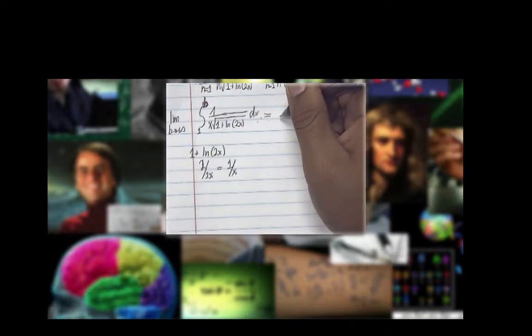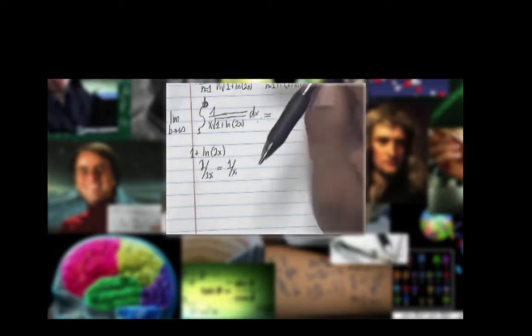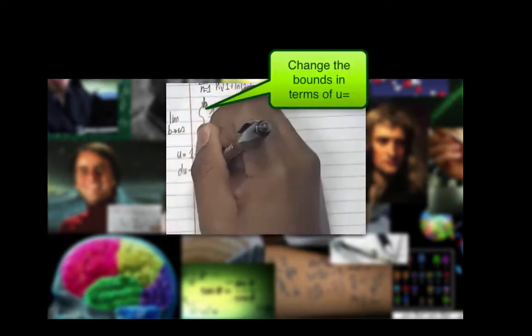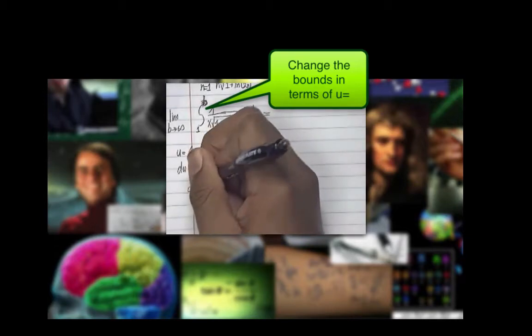Unless you want to do the indefinite integral, get the answer, and then plug in the bounds. Usually I say don't do that, but on an improper integral like that, I don't mind. It's up to you. I think I'll just do it the long way this time.